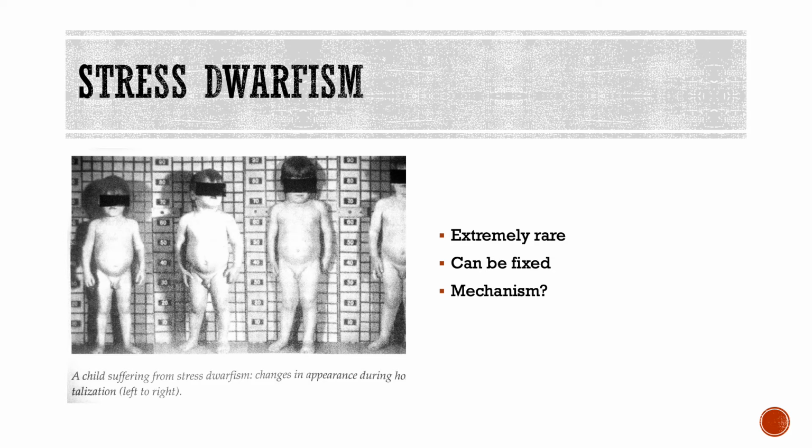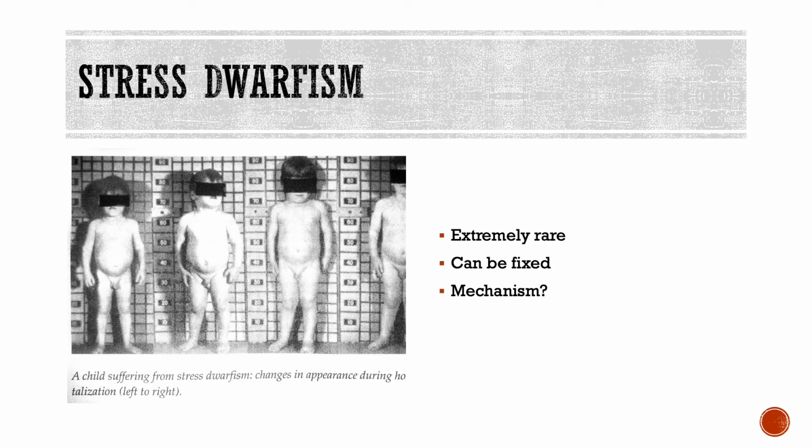Stress dwarfism is also referred to as psychosocial or psychogenic dwarfism. And this type of dwarfism can typically be fixed if the children are not too far along in puberty, meaning if they aren't past the puberty age, then they can typically regain what is needed for development.